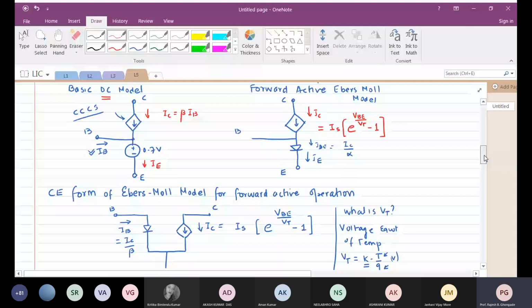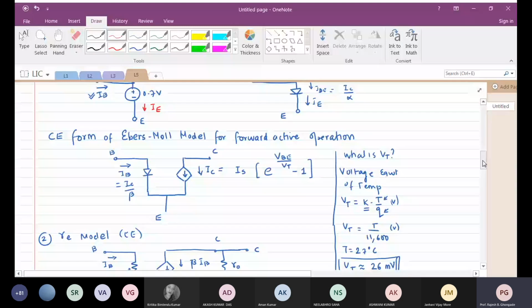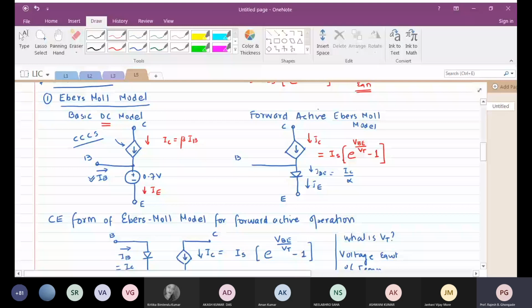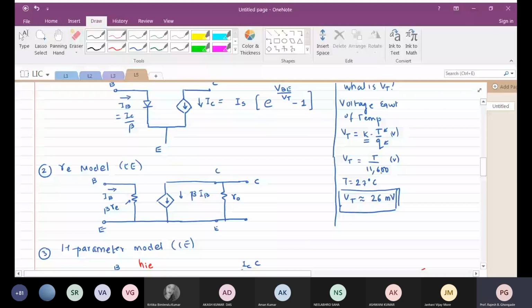Interestingly, we have seen that this is the equation which governs the collector current: IC is equal to Is into e to the power VBE by Vt minus 1. Just remember that.